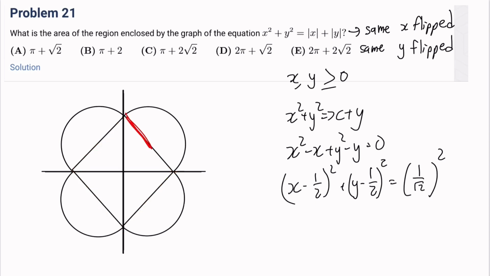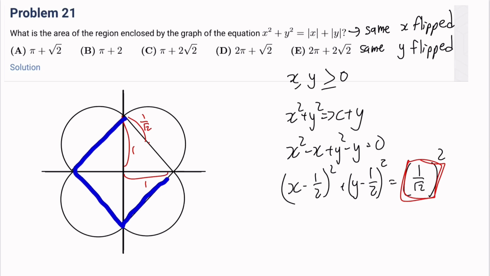And so this is the radius, and as we saw, the radius is 1 over root 2, right? And so this much is 1 over root 2, and this is x minus 1/2, y minus 1/2, so this is 1/2 and 1/2, and so that means this much is 1 and this much is 1, right?